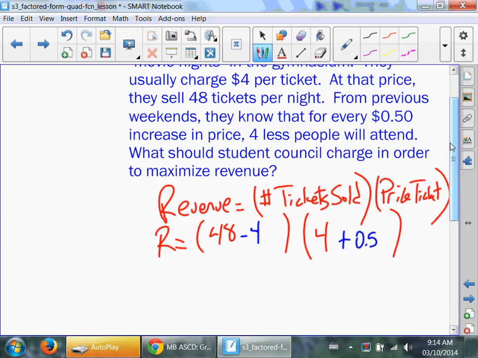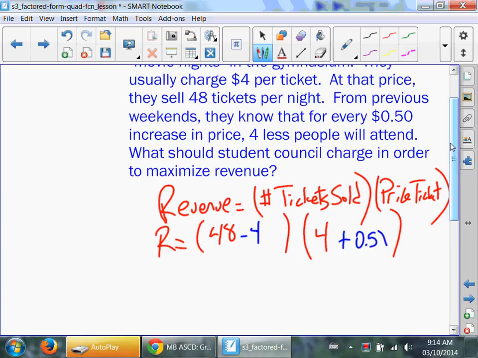So, this relationship can happen no matter how many times we jack the price up 50 cents. There's going to be 4 fewer people attend than attended for the last time the price went up. We don't know how many times we're going to jack the price up, right?